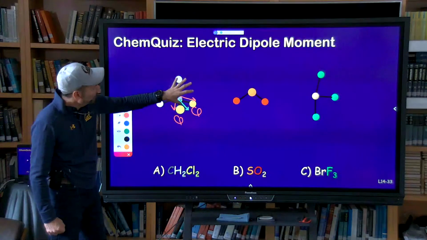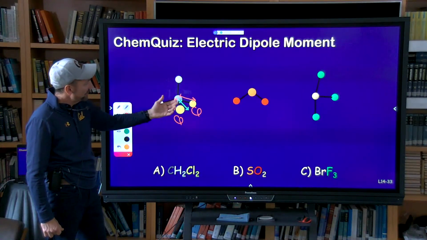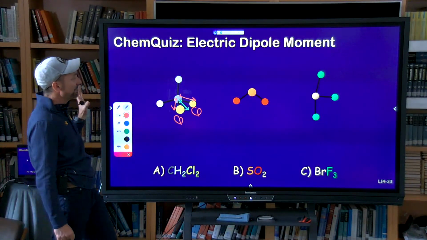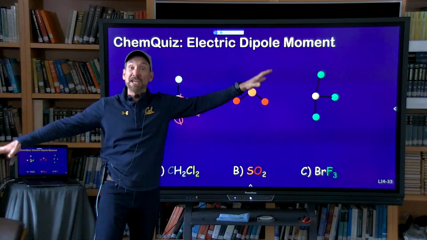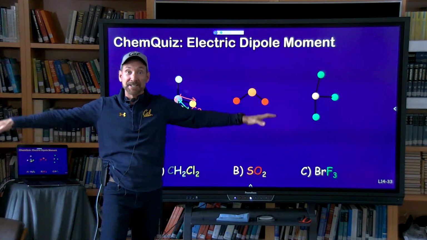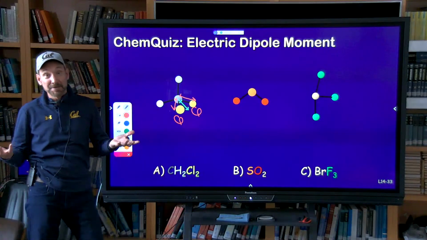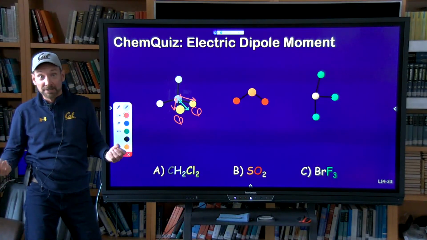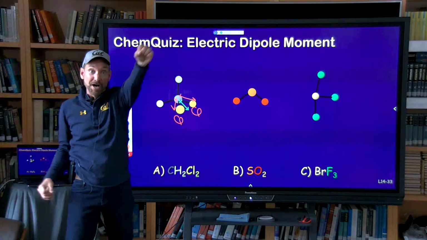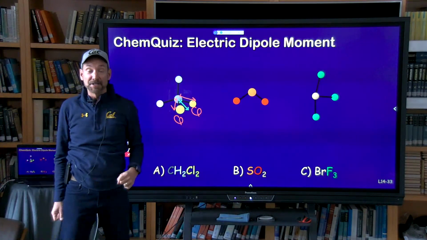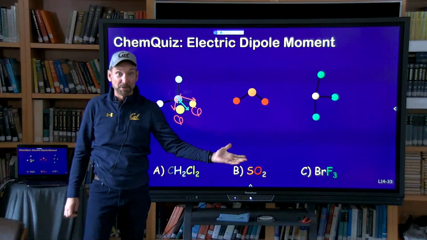So each individual bond you consider, you say, does it have a dipole moment? Which way is it pointing? And then you look at the whole molecule and see, could they cancel each other out? Could they mathematically add to zero? If you think about it, it's going to be rare that you get a molecule that's symmetric enough that all the little bond dipoles add to zero. It's more common to have a dipole moment than not.